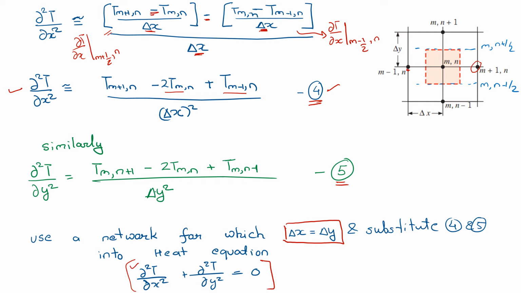So we've just found out what del square T by del x square is and what del square T by del y square is, and after substituting delta y square equal to delta x square, we'll get a delta x square in the denominator right here. Okay, so let's see what equation we get.